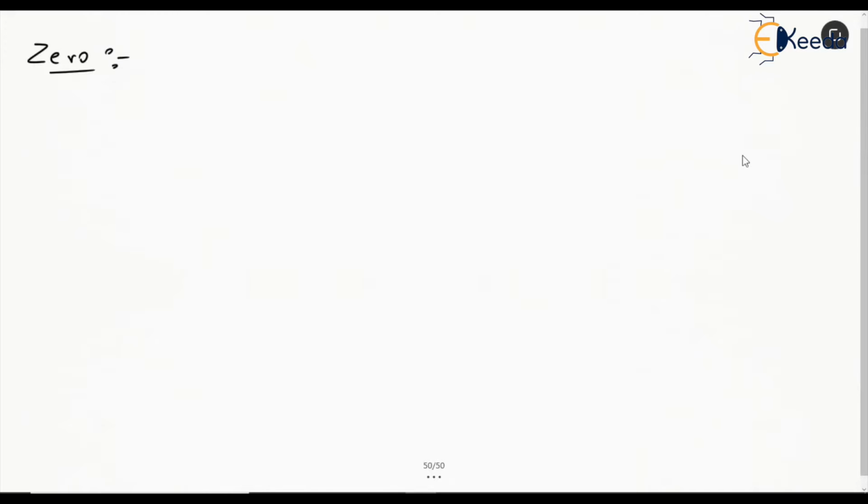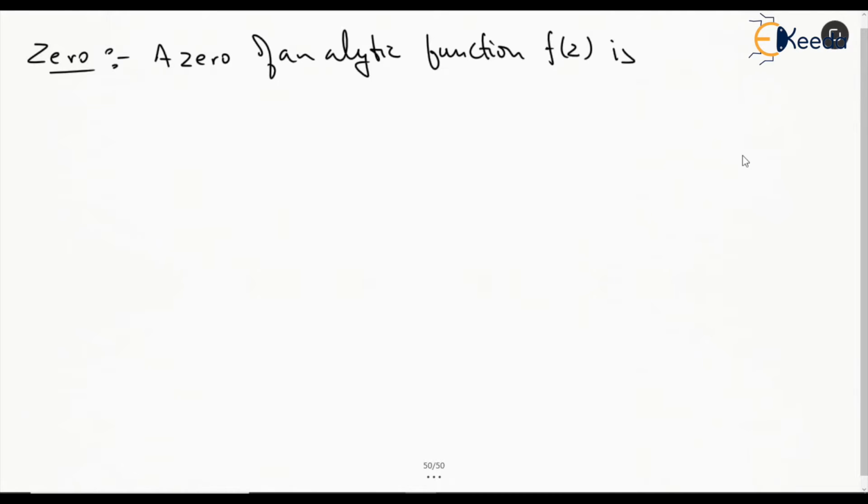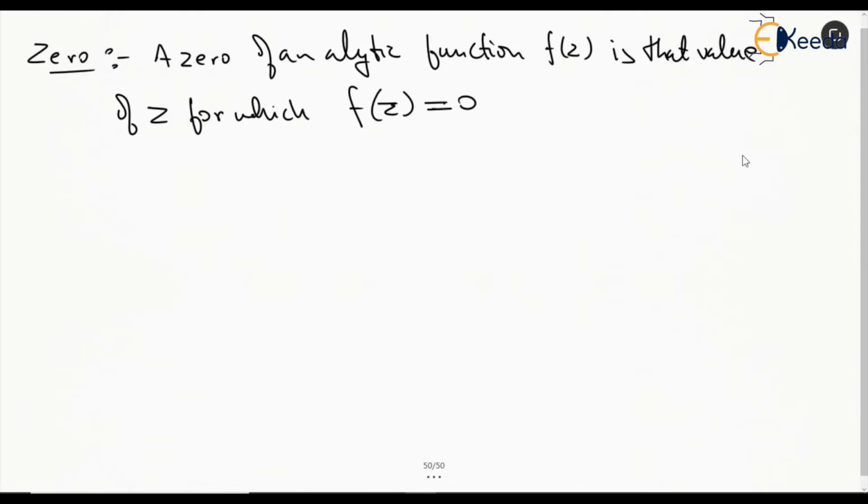In very simple words, a zero of an analytic function f of z is that value of z for which f of z becomes 0, right?